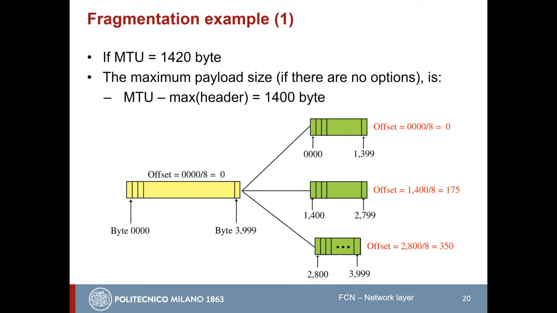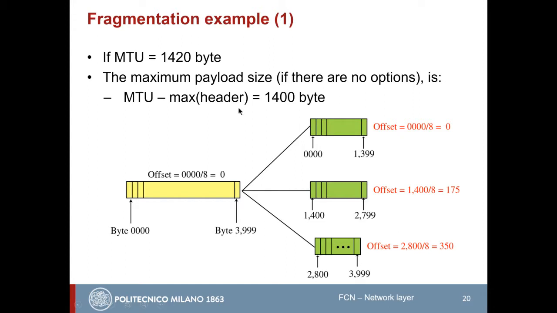In this case, we can assume that all the headers have no optional fields, so the headers are the minimum size possible, and the minimum size of the IP header is 20 bytes. So the maximum size of the payloads of the fragments is 1,400 bytes, because it's the MTU minus the header.